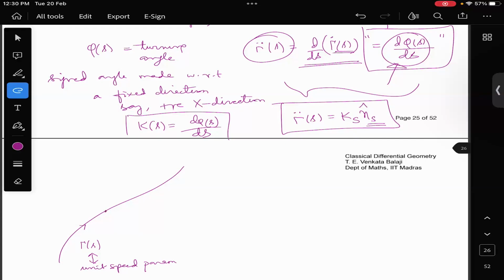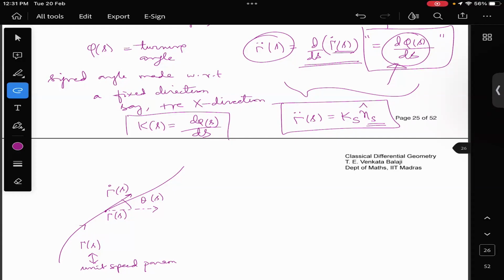I take this point, suppose this is my point gamma s, for some value of s. Then at this point I will get this gamma dot s. This is the unit vector, right? And I will take the angle that it makes with, let us say, the positive x direction, and call it theta of s.